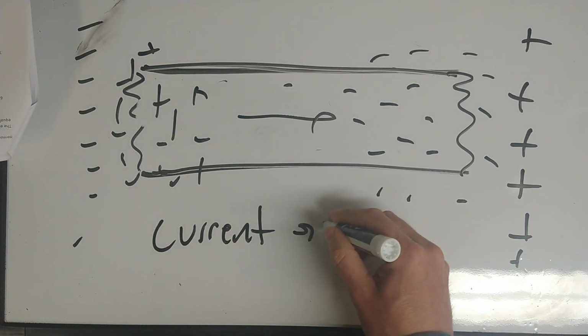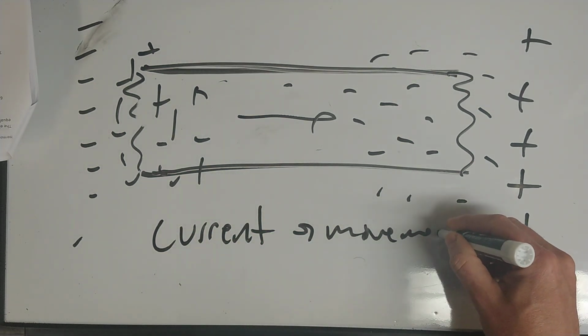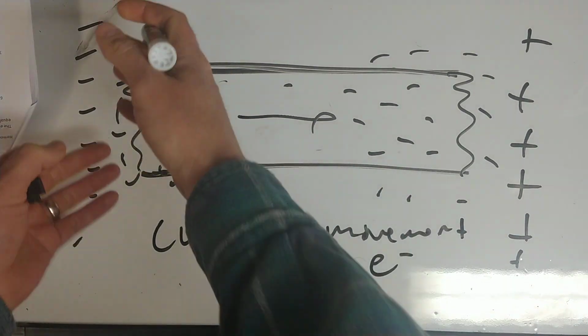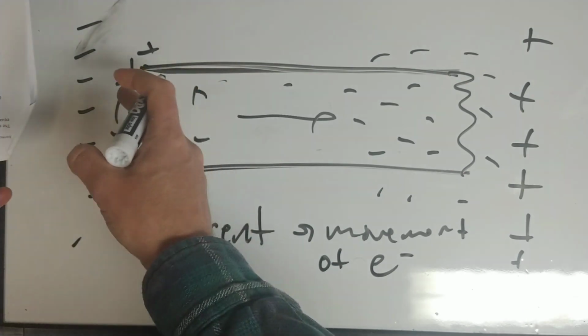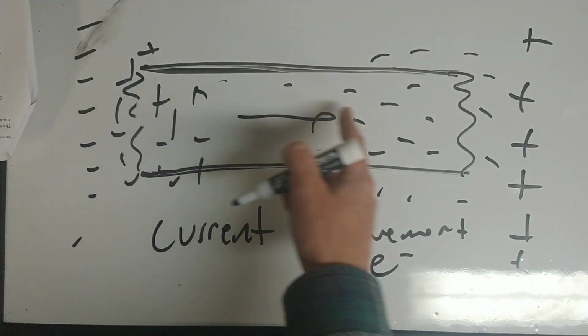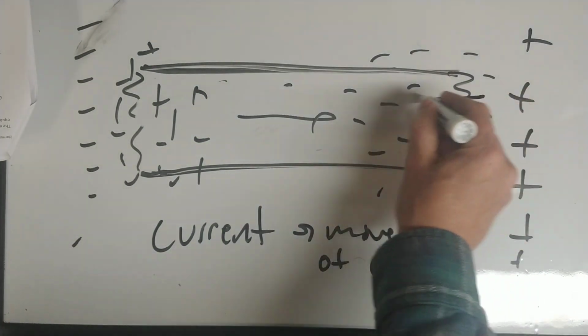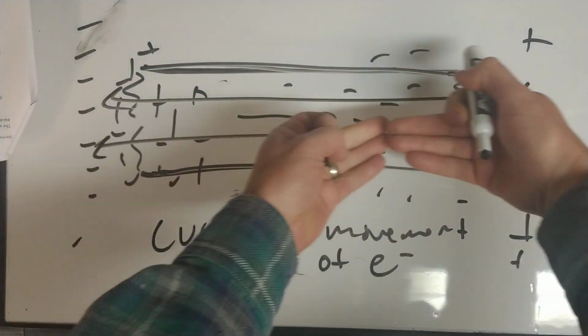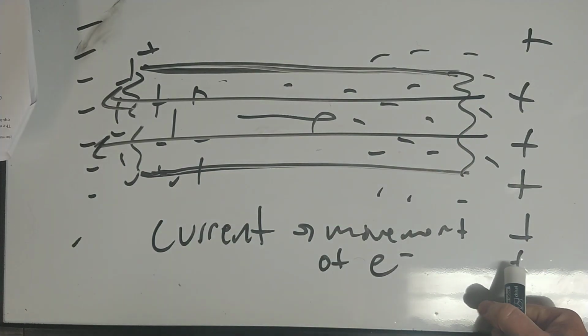Current is the movement of electrons, right? That's pretty basic, right? You can push electrons around in a conductor with an electric field. Basically what happens here is you get an electric field through the wire like this, right? And that draws electrons upstream. So that's another way to look at it in terms of electric fields.